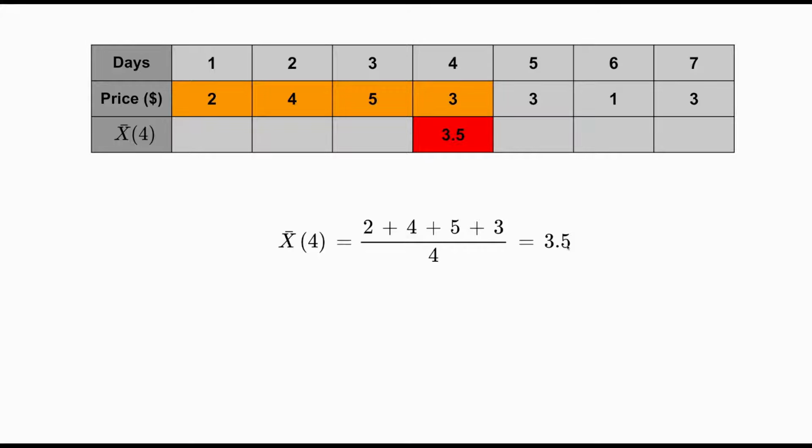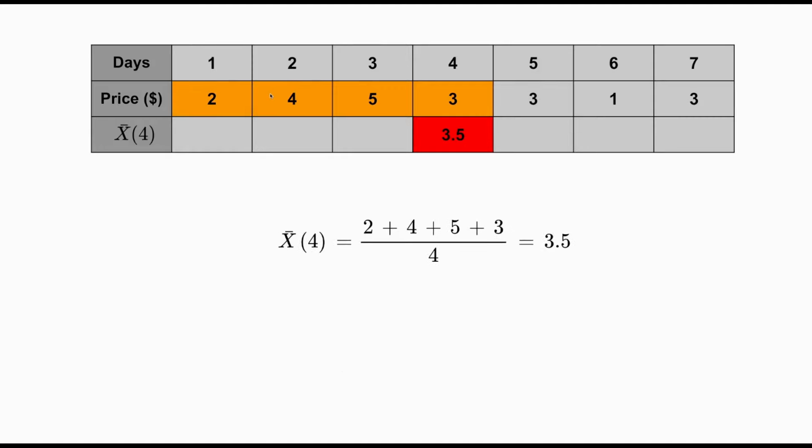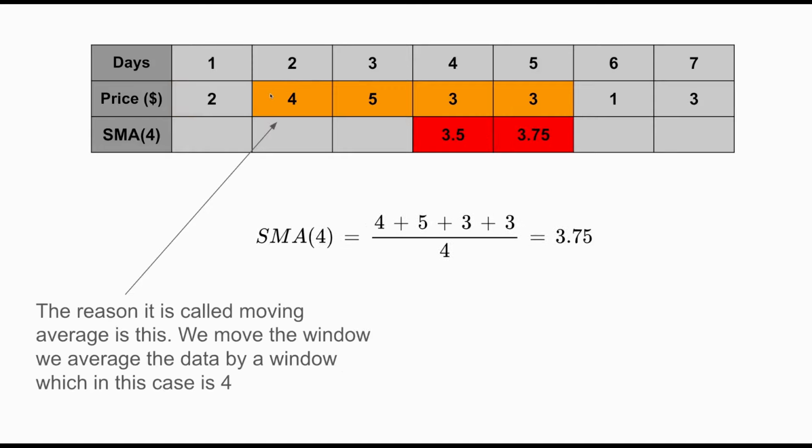Now here is where it gets interesting. The word moving in SMA refers to the dynamic window used to calculate the average. Although we maintain a 4-day average, we shift this window by 1. So the orange color, as you will be able to see from the previous slide, moved by 1 day. And this technique is widely used in quantitative and technical analysis to smooth out the data and make the trends more readable.